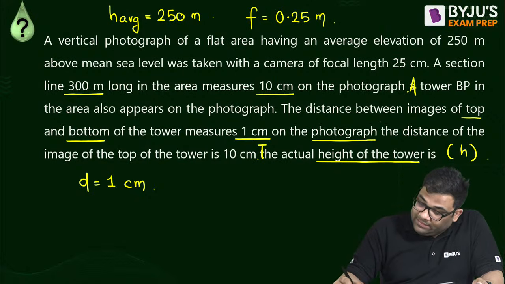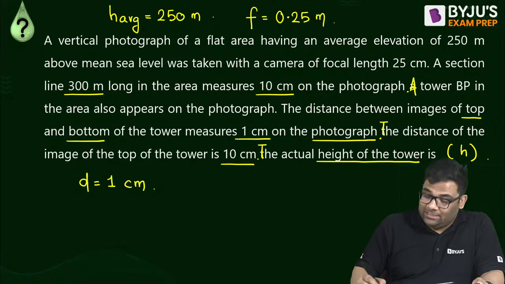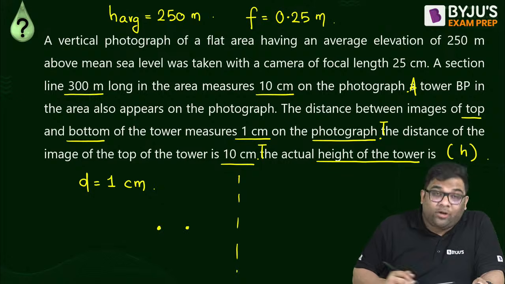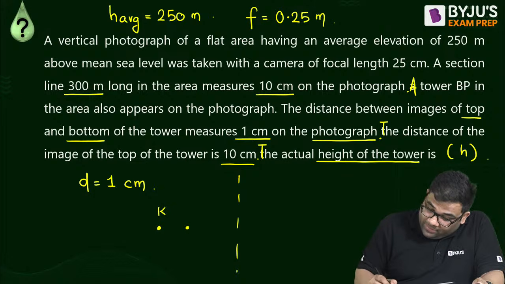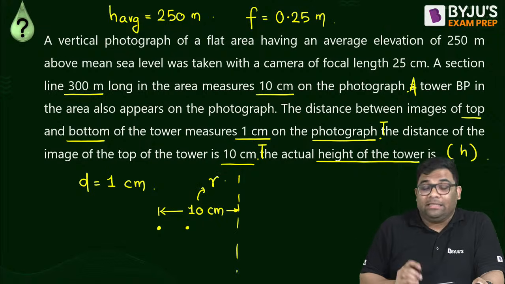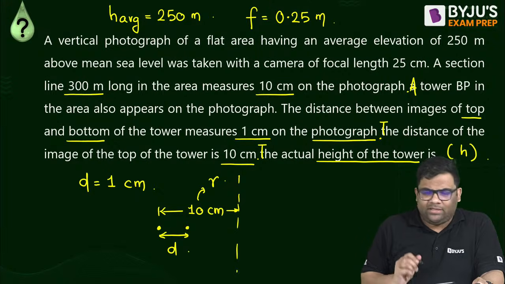Yes, the distance of the image of the top of the tower is 10 centimeter. That means from the central line, this is the top, this is the bottom, the top distance from the central line is 10 centimeter. This is nothing but R, and this is your d, and that is given. It's a very good question.